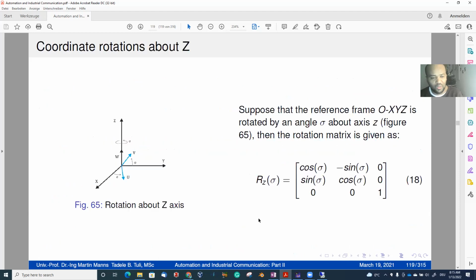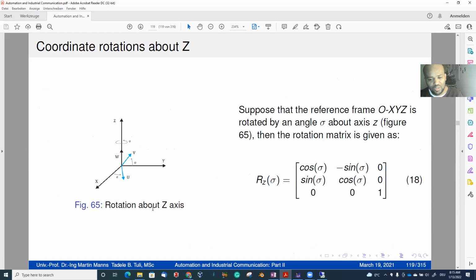Okay, now whenever we talk about a rotation, we consider rotation about X, about Y, about Z, and these rotations have their own representation. For example, we start by rotating an object along the Z axis.